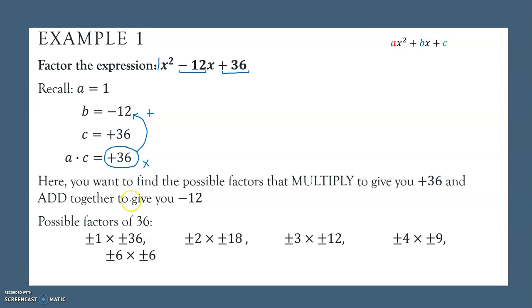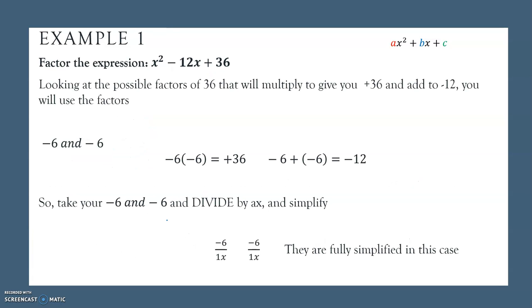When I have a product that is positive, I am either taking two numbers that are positive or two numbers that are negative to multiply together to give you a positive result. So observe the different factors and see which numbers multiply to give you 36 and add to give you negative 12. Here you should notice that if you took the numbers negative 6 and negative 6, they multiply to give you positive 36, and they add together to give you a negative 12.